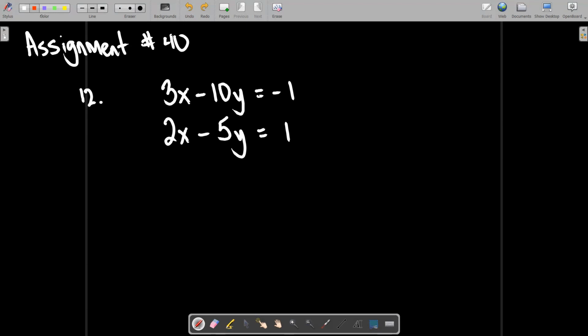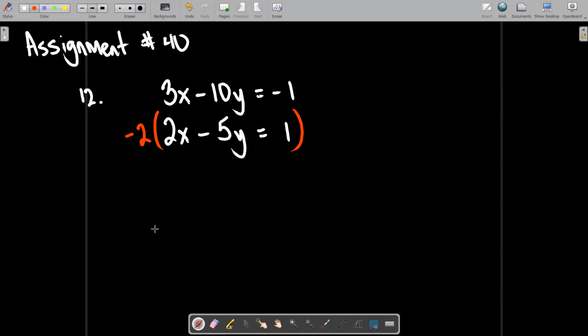So if I want to get rid of the y's, I can make this a level 2, can't I? Because I can just take this -5 and turn it into a positive 10. So I'm only going to manipulate the bottom equation. And what am I going to multiply it by? -2, because 5 times 5 would give us 25, and we don't want that.